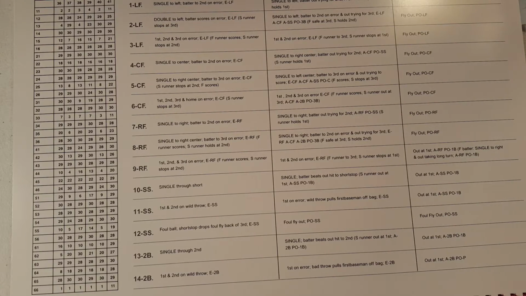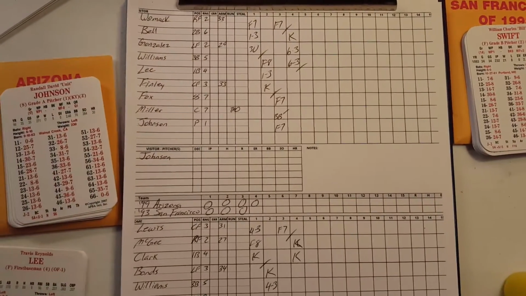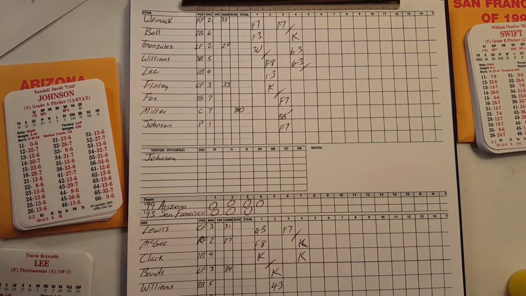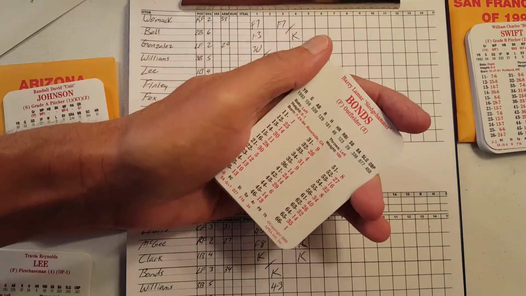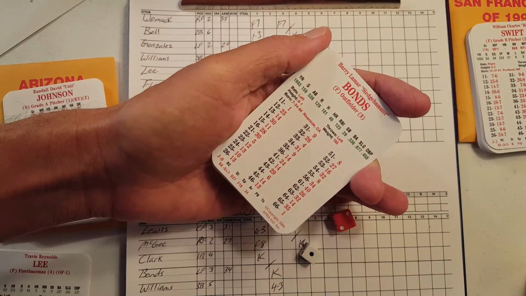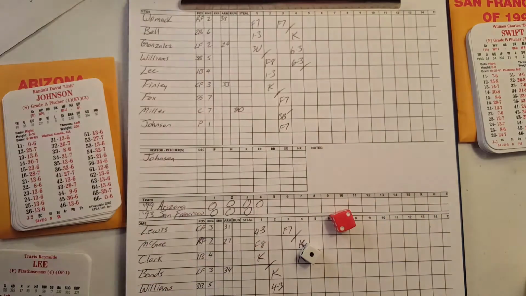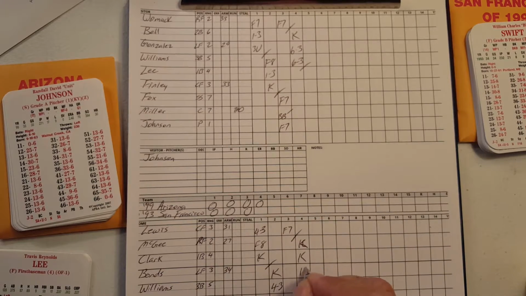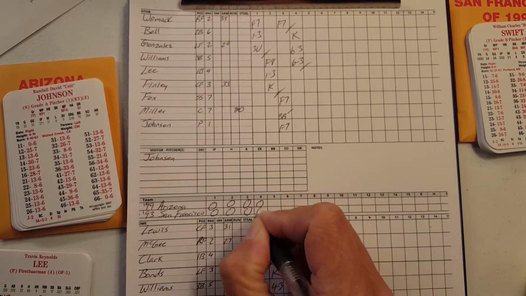And it is a ball. So a lot of checking there for a ball. And we'll go back to the bases empty chart. 21 is a 30. And K is a strikeout. So Randy Johnson strikes out the side in the 4th.